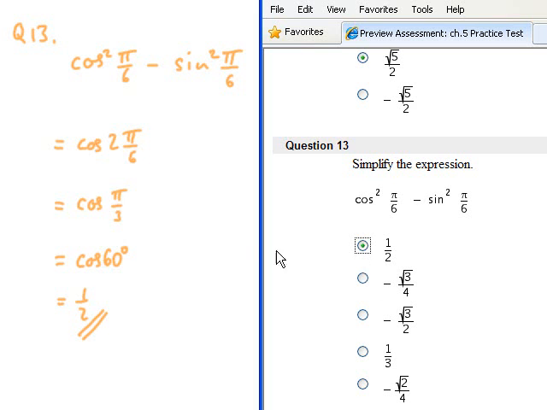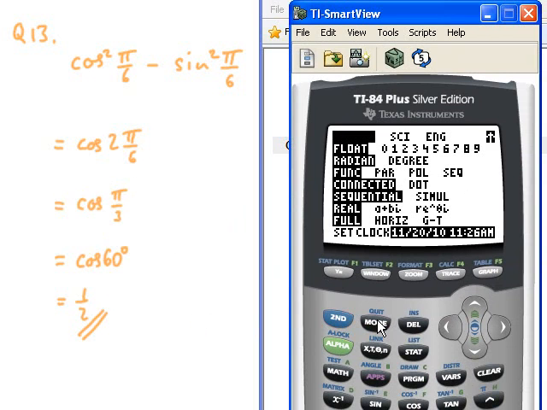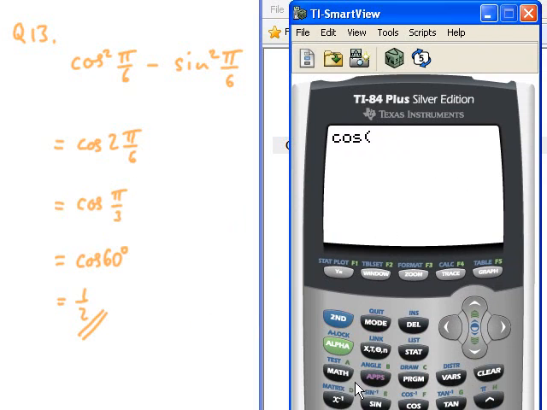There's the correct answer. Even if I don't have this one memorized as being 1/2, well, I can legally cheat, so to say, taking the graphing calculator, making sure that I'm in radians. I am, and then just type in cosine pi over 3, and there's the 1/2.